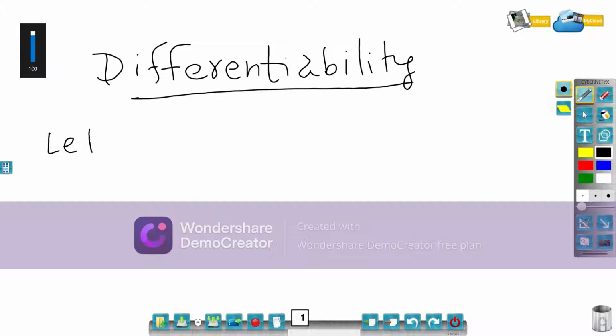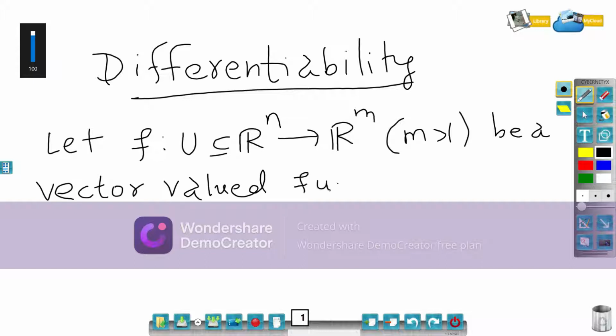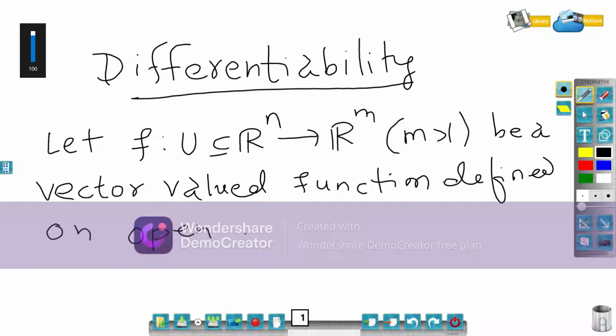Let f be a function from U subset of Rn to Rm, where m is greater than 1, a vector valued function defined on an open set U subset of Rn. Let p belong to U.